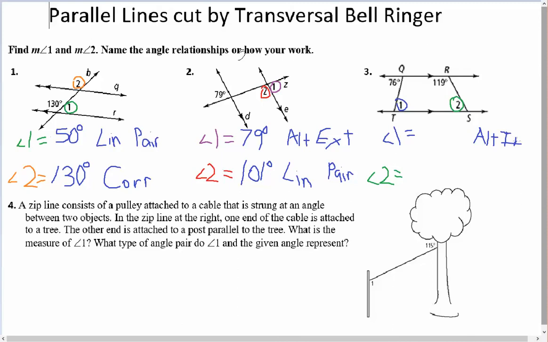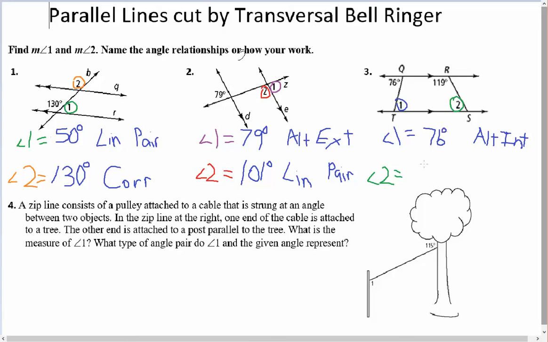And since they're alternate interior angles, sorry, let me clean that up just a little bit. So since they're alternate interior angles, we have the relationship of congruency. Since they are congruent, they're going to be the same with 76 degrees.